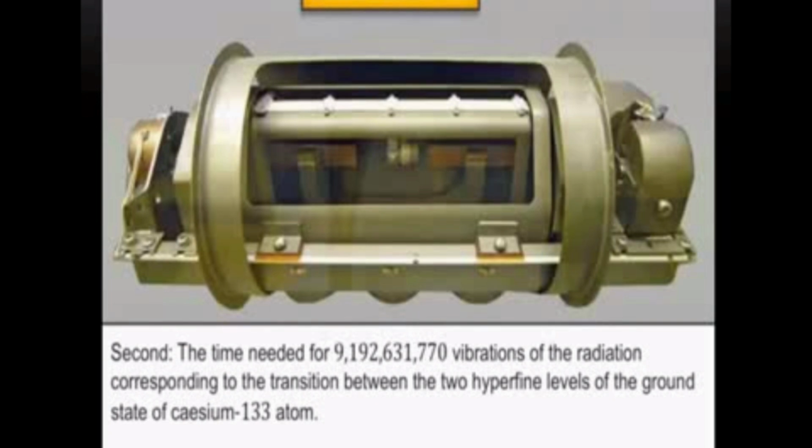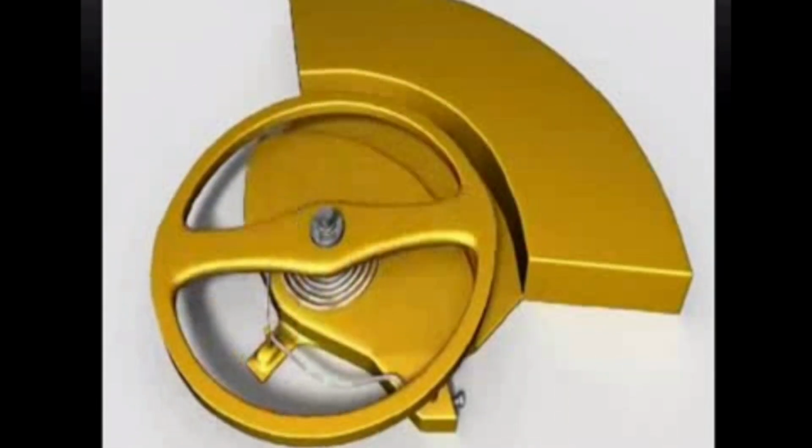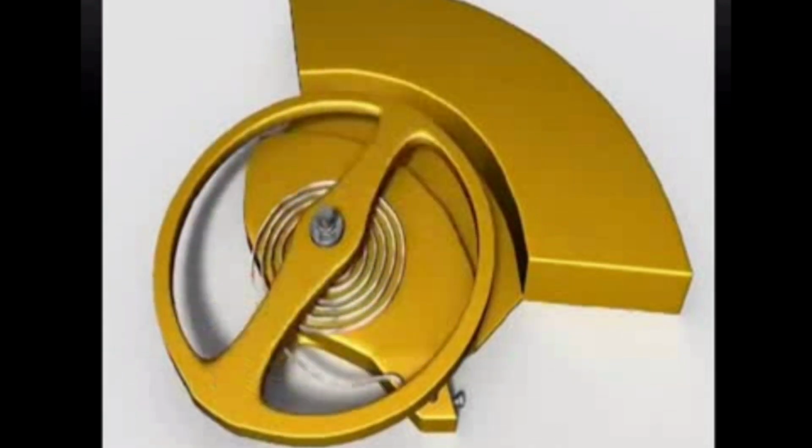So we are taking the cesium 133 atom. The transition time period between the two orbitals, from one orbital to another orbital, it is vibrating between the two orbitals. That time period is taken as this many vibrations. So in that way we can calculate the time period.